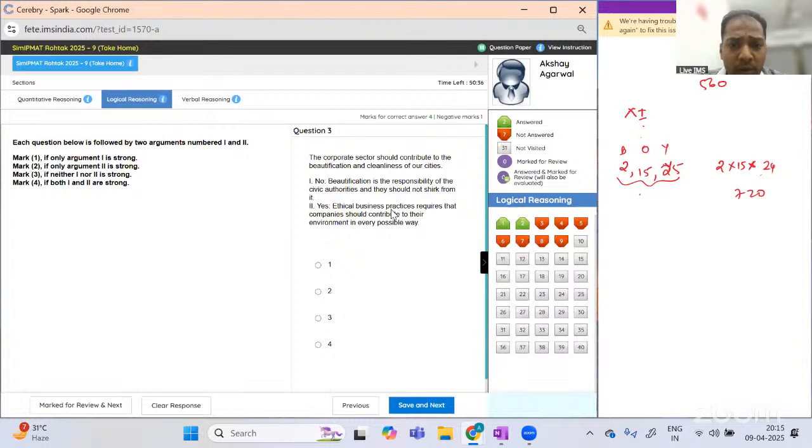No, beautification is the responsibility of the civic authorities and they should not shirk away from it. Yes, ethical business practices require that companies should contribute to their environment in every possible way.